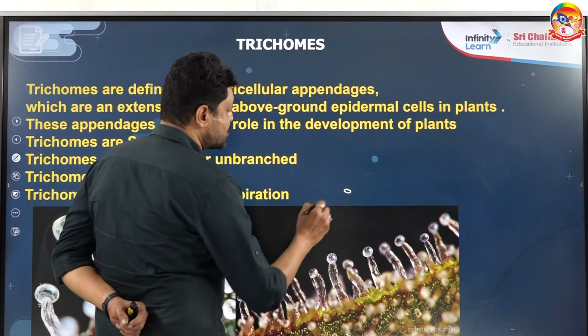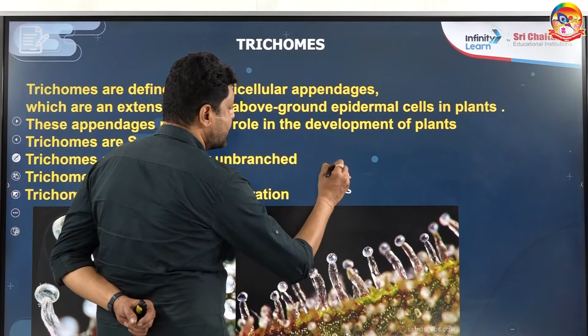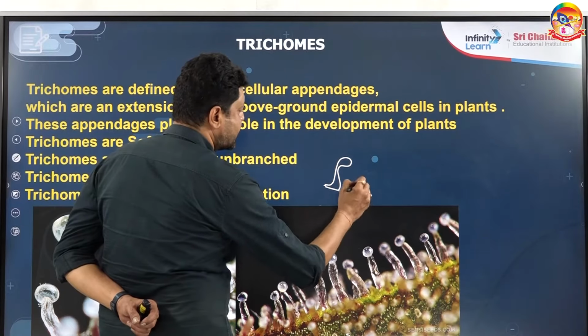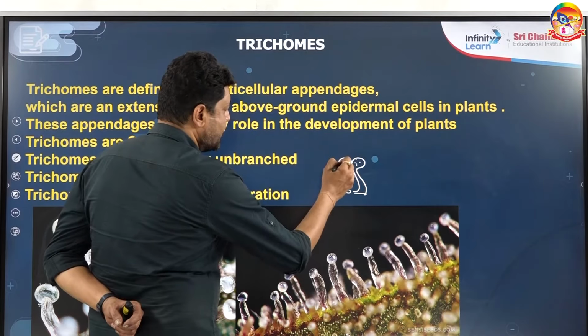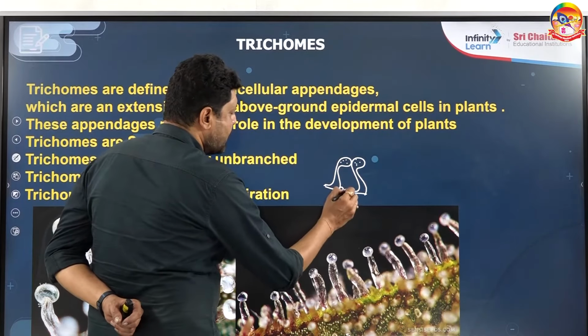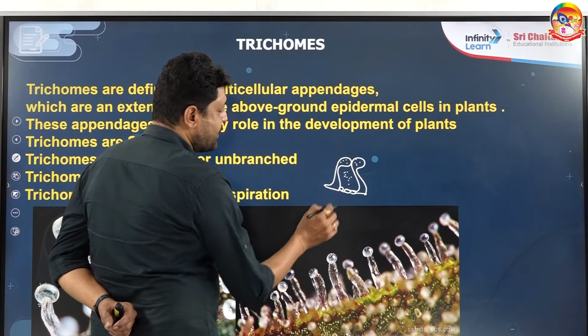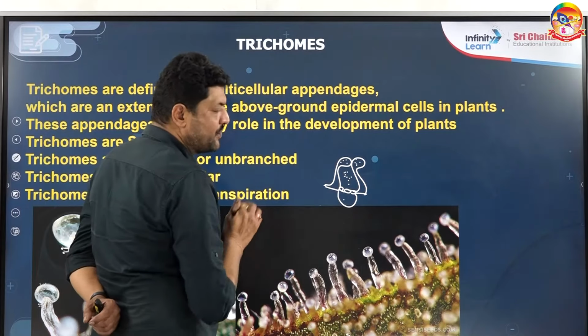For example, if there is a stomata, the trichomes will be present nearby the stomata, so they maintain moisture. So this is another trichome. They maintain moisture and water in the immediate stomatal atmosphere. Outside the atmosphere, moisture is maintained, so the substomatal cavity does not have the problem of water.